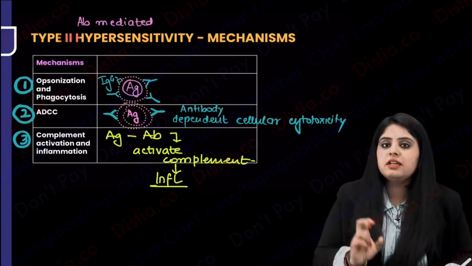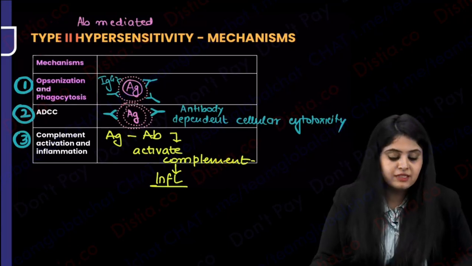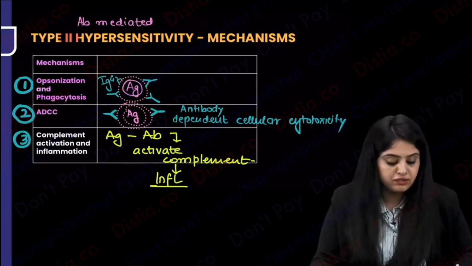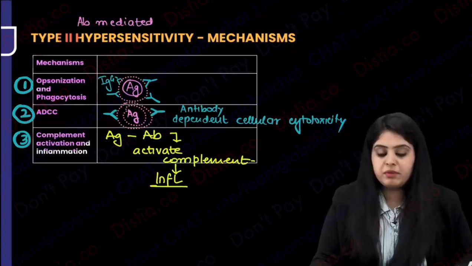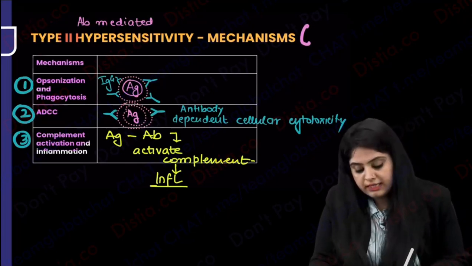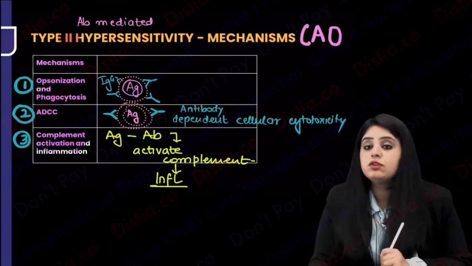As I said, if you memorize the name, then you're sorted. In the first, the name is opsonization and phagocytosis, so this is related to opsonization. Second is antibody dependent cellular cytotoxicity, the NK cell concept. The third is complement activation, exactly what we have done over here. So type 2 hypersensitivity has complement activation, then the presence of ADCC, and then the presence of opsonization.